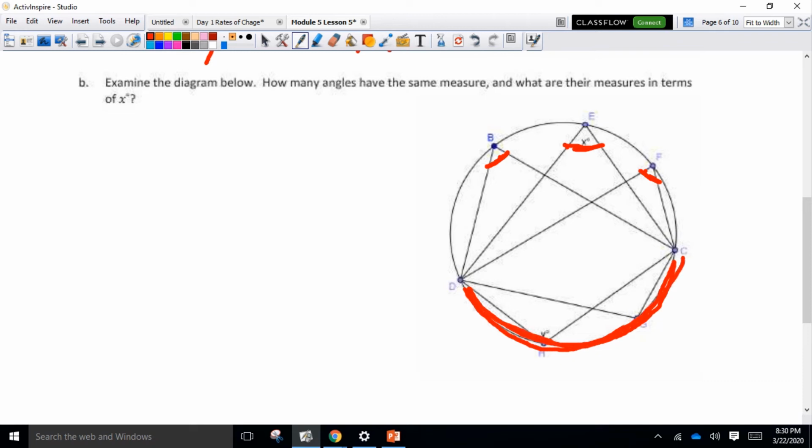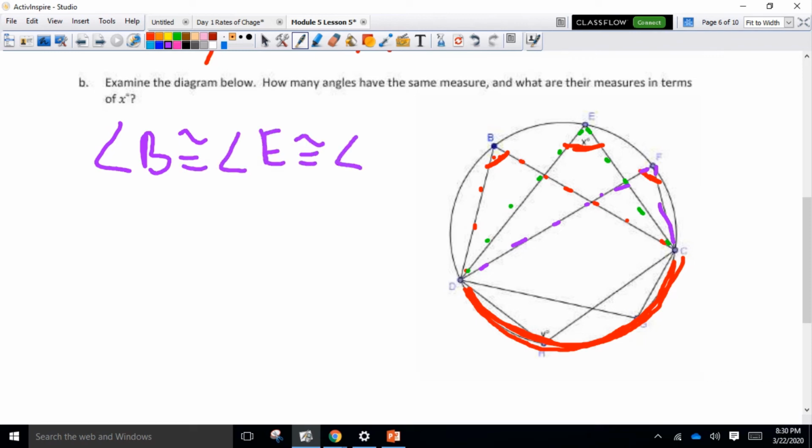If you follow them out, they all end up at DC, so they're all equal. So angle B is congruent to angle E, which is congruent to angle F, and they all equal X. The other ones that are congruent are Y and this one, because they all make this arc right here.